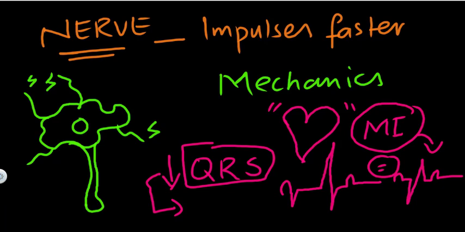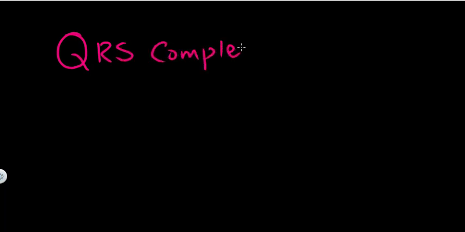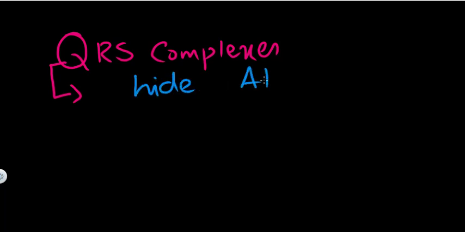Now, here's another fact which you should know, is that these QRS complexes, as they show the ventricular depolarization, they hide your atrial repolarization. I'm just going to write rep.